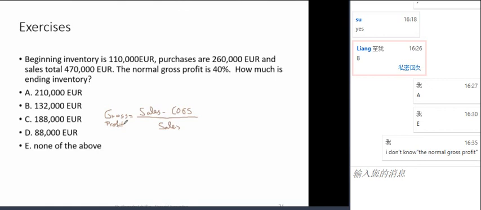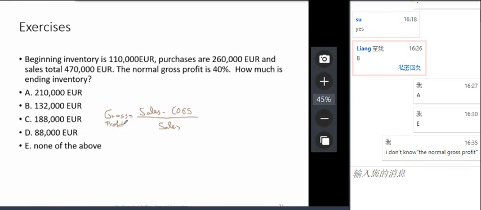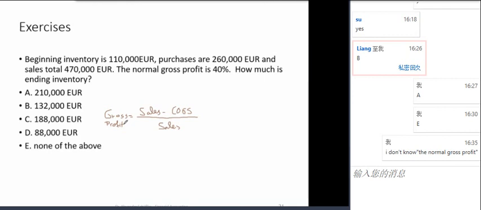And if you look at it here, you have sales here, and the question, of course, is what is cost of goods sold? Yeah, but when you have your gross profit margin, then you can calculate cost of goods sold. We'll try to do that.